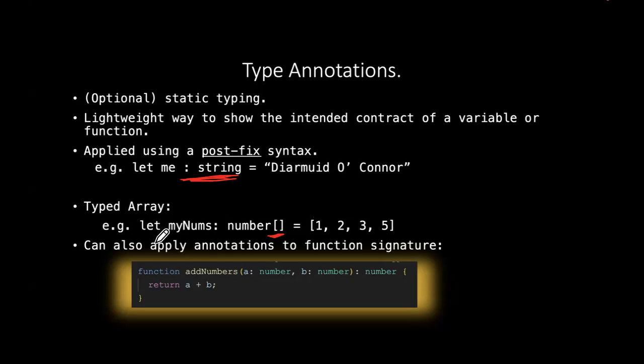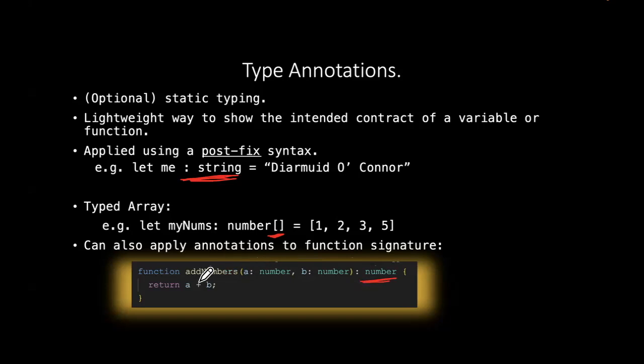You can also apply annotations to functions, and we'll see more of that a little bit later on. But to give you a preview of it, you can see down here, I'm declaring a function, and the way you interpret all of this is this function takes two parameters, and the first parameter is of numeric type. The second parameter also happens to be primitive numeric type. And the way you interpret this bit over here is this is telling us what the return type of the function is.